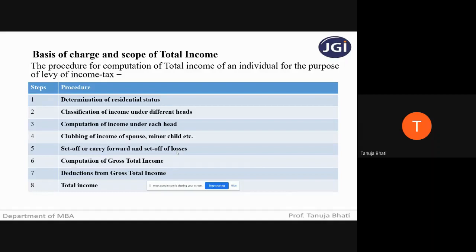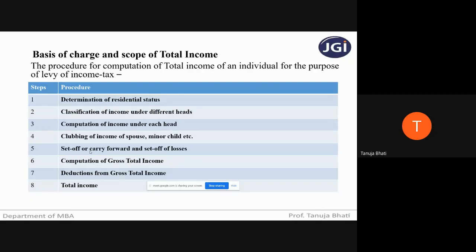So whatever loss you incur in a particular head, there is a set of provisions, meaning you can set it off with the profit of another head. So after clubbing all the income, if there are any losses under any head, you then set it off, or if you cannot set it off, then you have to carry forward that loss.